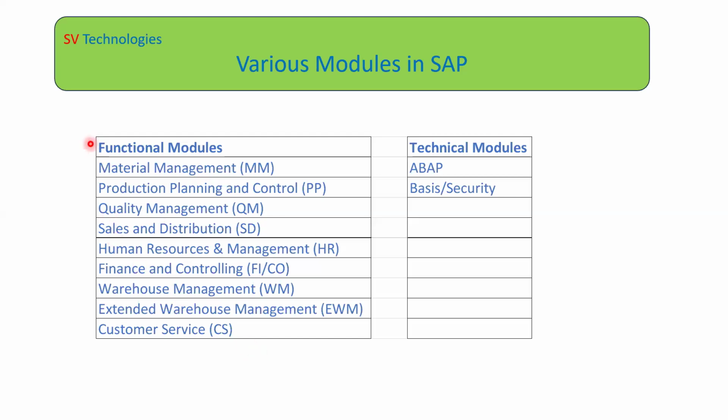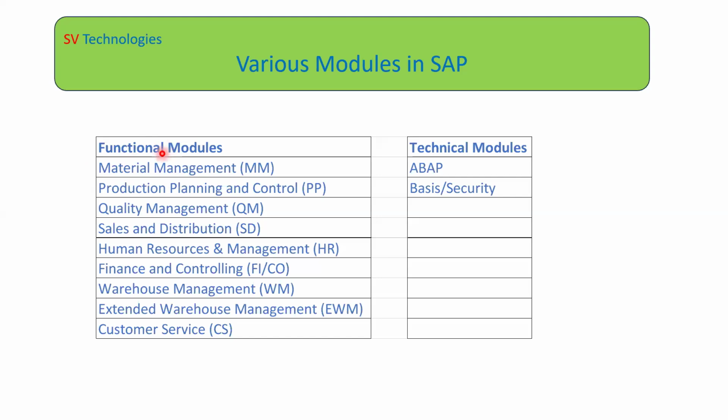I have mentioned the most important ones. Coming to the functional module, it is a non-coding module. As a consultant in the functional module, we are not going to do any coding.